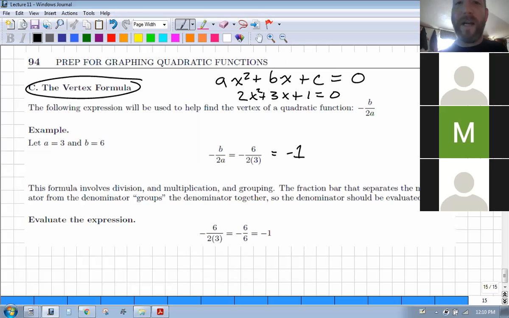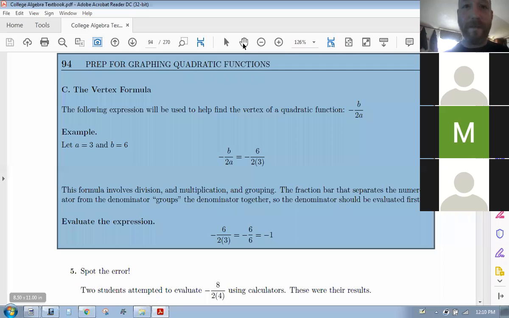So this would be your a, this would be your b, and it turns out -b over 2a is going to be important. It's going to help you find the solutions. All right, there's going to be 2 solutions. Since you have a power of 2, there's going to be 2 solutions. -b over 2a is something we're going to use a lot. Okay.